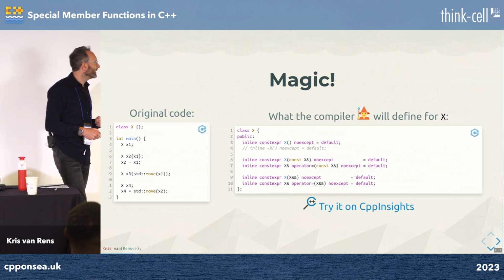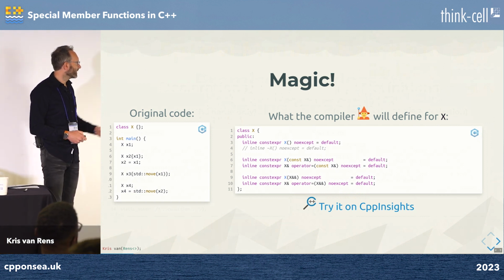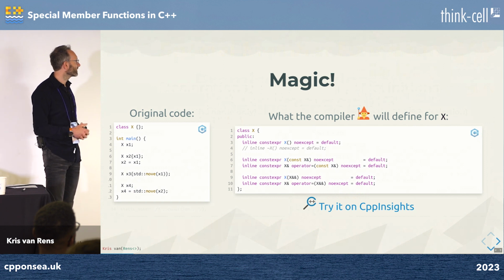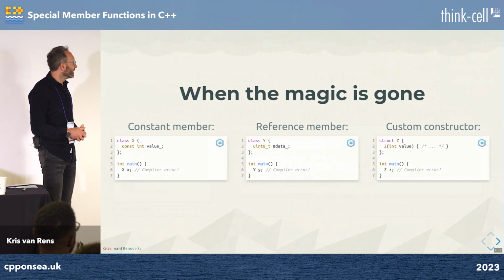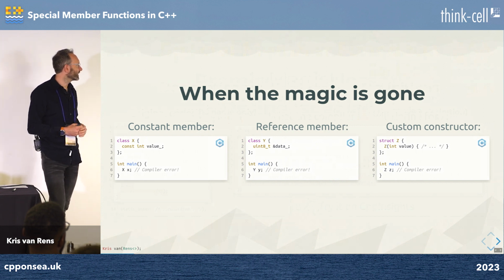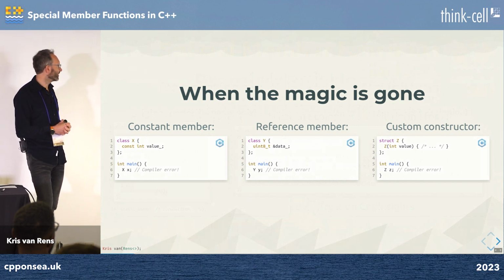But it's also really easy to break at least part of this magic. Here we get everything, but of course this class definition is really poor, so there's nothing in it, very useless. But suppose we make some kind of class that actually contains data, then suddenly parts of the magic is gone.